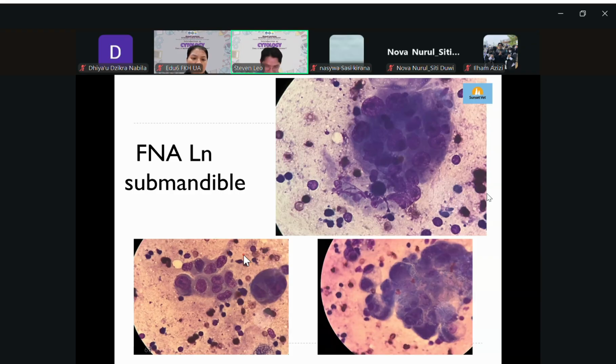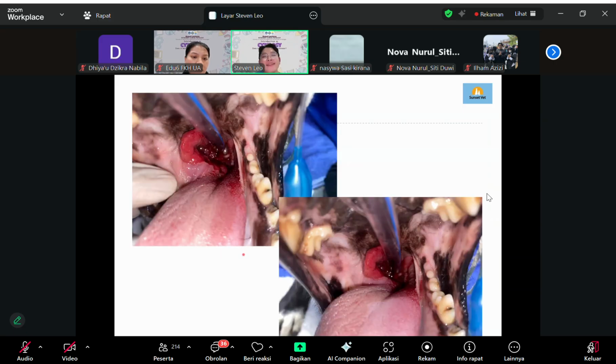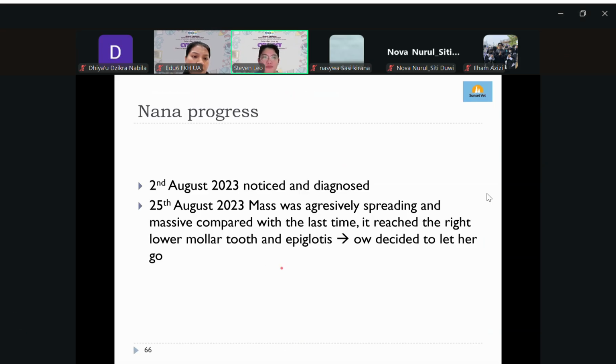No, it's not normal. So you have to figure out what's going on. You have to check. When we checked the oral cavity, you could see there was an oral mass and it had spread to the lymph node. And then we decided to let Nana go, to euthanize.